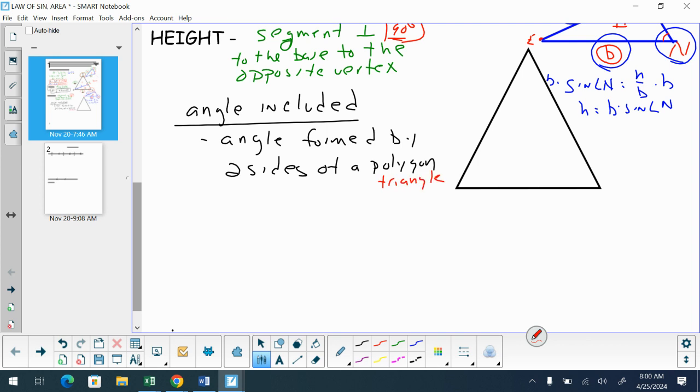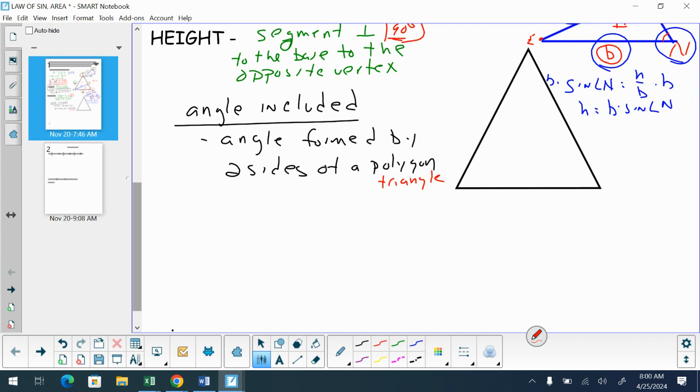The angle included is the angle formed by the two sides of the polygon, by definition. But we're going to specify a little bit more, just a triangle. So when we talk about the angle included, we talk about the angle formed by those two sides.